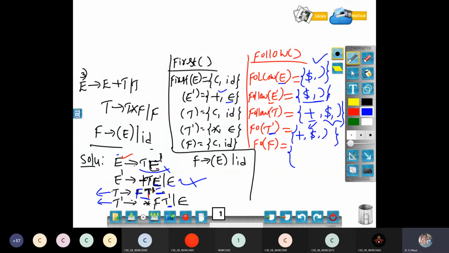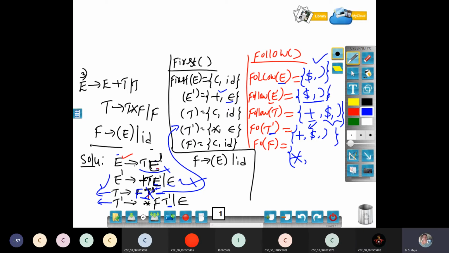If it is a non-terminal, go and visit the first of T dash. What is the first of T dash? Star and epsilon, ma'am. Can you copy epsilon into my follow set? No, don't copy. Because of epsilon, what happens now? The symbol is gone. What is in front of follow of F? Nothing. If it is nothing, what should be copied?